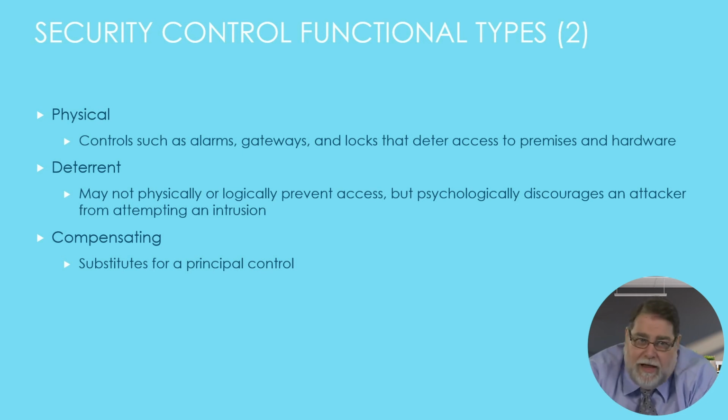Deterrent, which may not physically or logically prevent access, but psychologically deters or discourages an attacker from attempting an intrusion. And finally, compensating, which substitutes for a principal control and compensates for that control not existing.